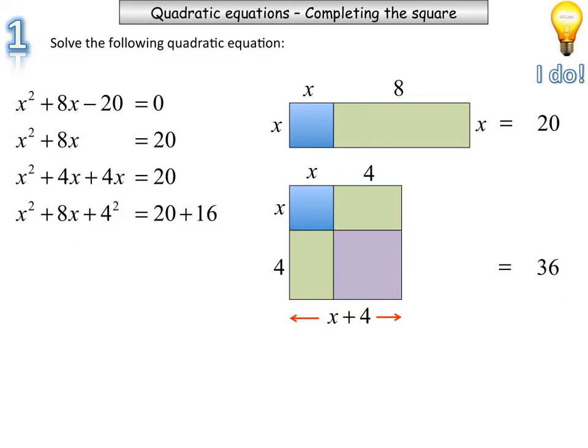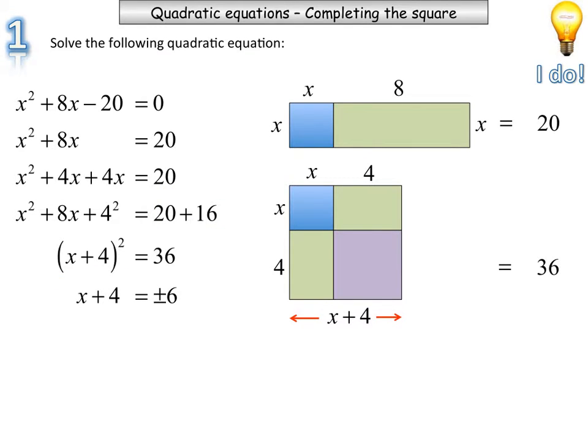Now the dimensions of this new square are x plus 4 units by x plus 4 units. That's why I'll represent that in a different way. x plus 4 multiplied by x plus 4. Now x plus 4 multiplied by x plus 4 is x plus 4 squared. So x plus 4 squared is equal to 36.